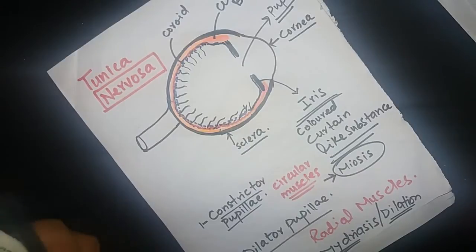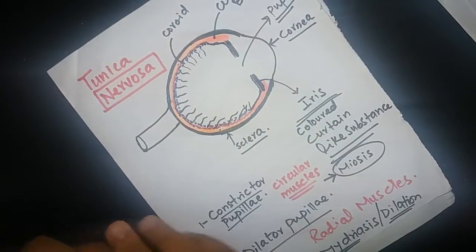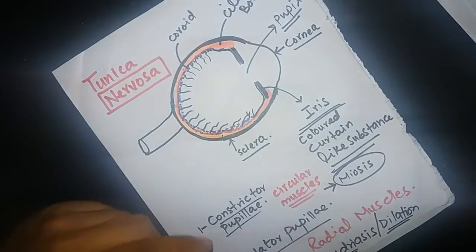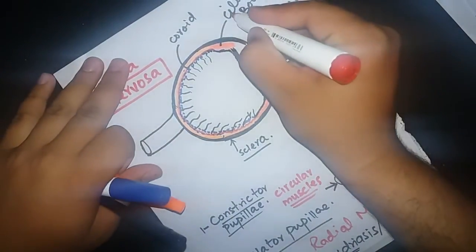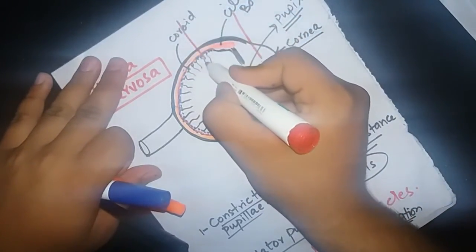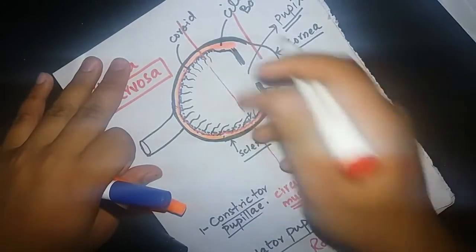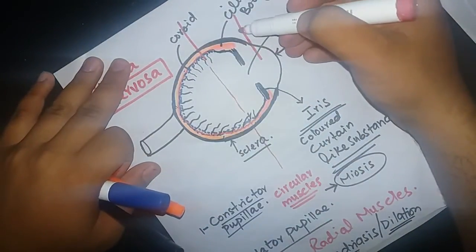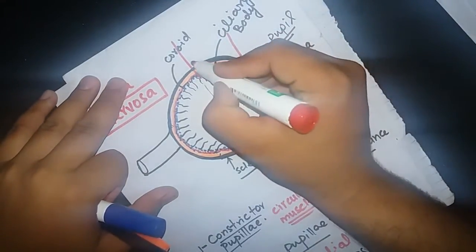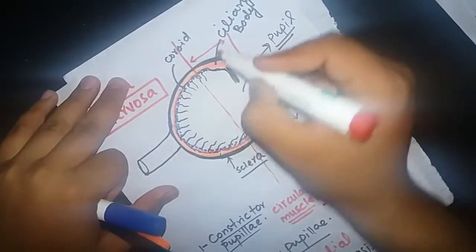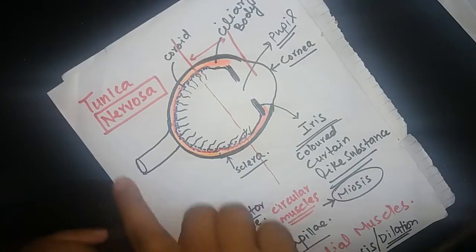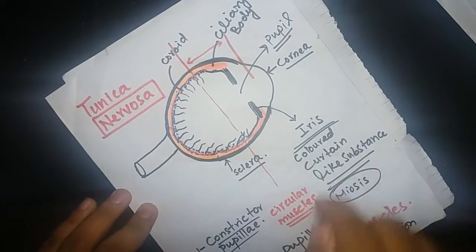The exact location of the stoppage of the neural layer is between the sclerocorneal junction, this one, and the equator. This is the equator of the eye. Anywhere in between this distance, this neural layer stops, but the pigmented layer comes on the ciliary body and behind the iris.